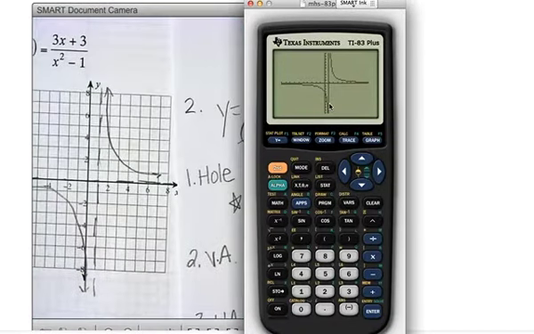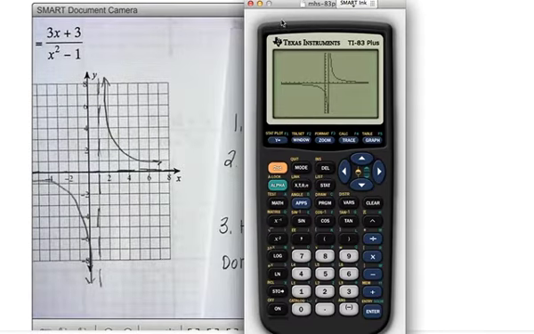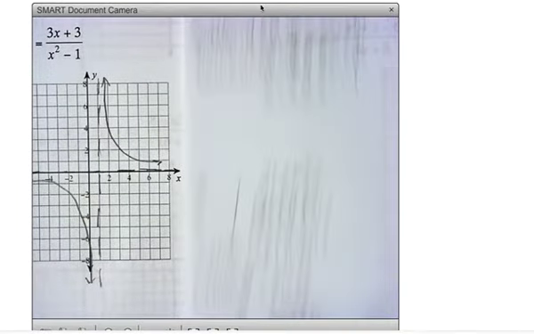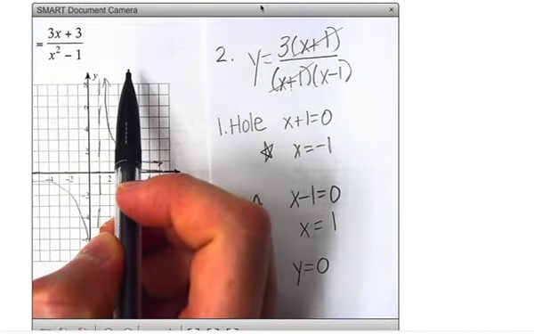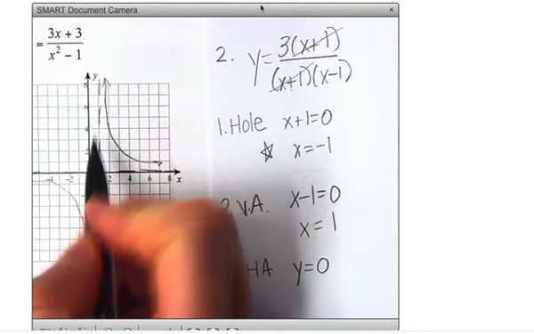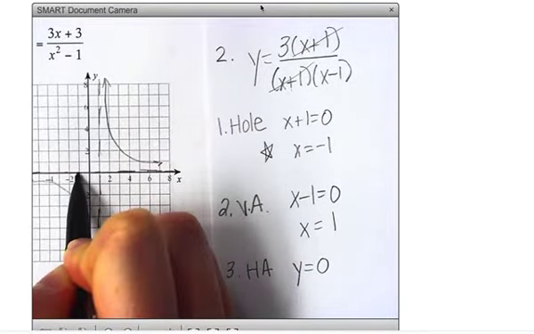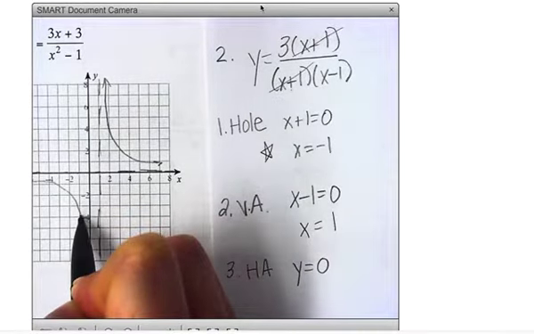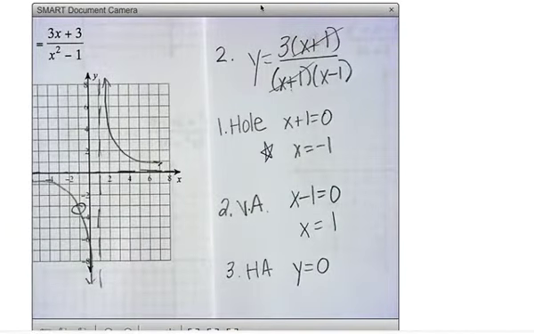Now, after you get the sketch, you have to deal with the hole. Where is the hole? At -1. So at x equals -1, watch what I'm going to do. This is not going to be perfect because we're just sketching these. But at x equals -1, right there is x equals -1. Go to your sketch and draw a circle.